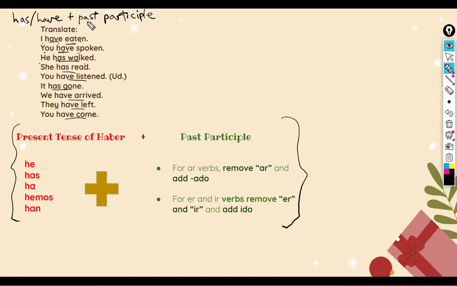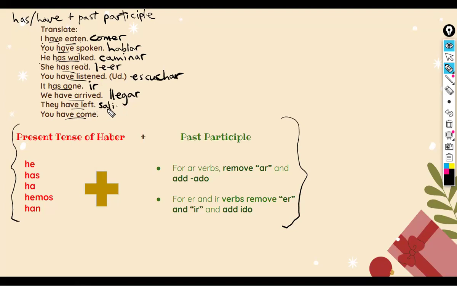All right, so I'm going to put the verbs that you'll need to get the past participle. Well, obviously we know comer, and we know hablar, caminar, leer, to read. Listen, we will use escuchar. Gone, ir. Arrived, llegar.